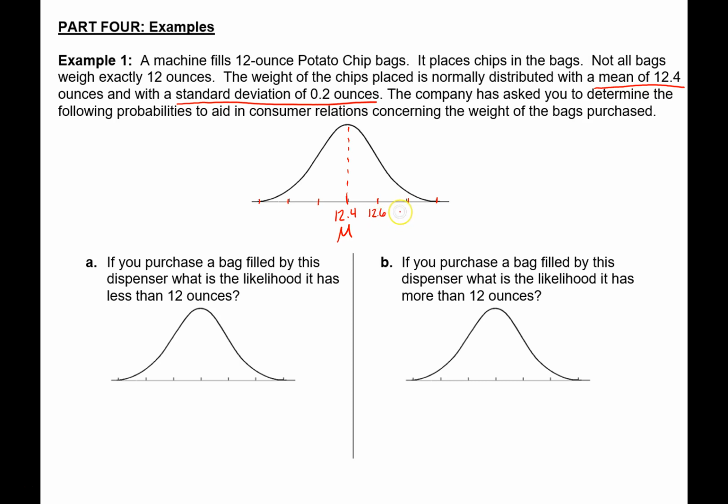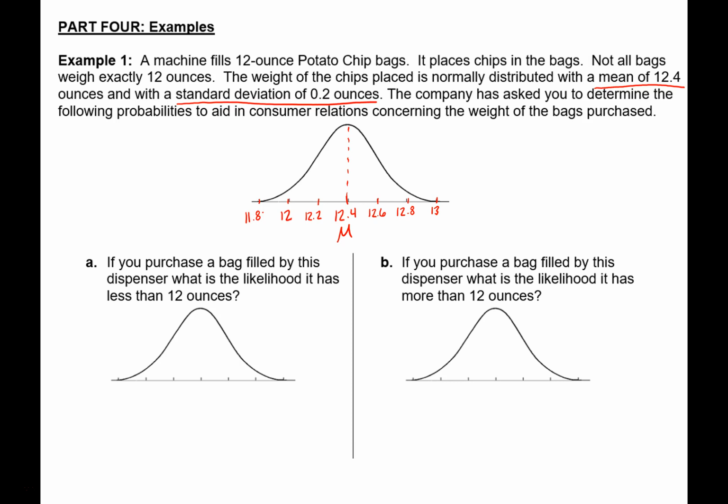Then we're going to add 0.2 again. That's going to give us two standard deviations, and we're going to add 0.2 one more time to get the third standard deviation. We're going to do the same thing on the other side, but this time subtracting. So 12.4 minus 0.2 gives me that tick mark. When I subtract 0.2 again, it gives me the next. And the third tick mark when I subtract 0.2 one more time. So now I have an x-axis on my normal distribution.